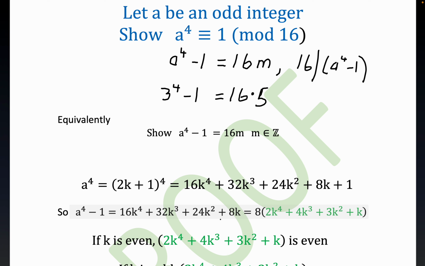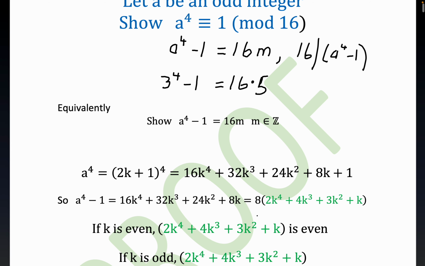And it turns out factoring out 8 is a good idea because we are trying to show it's a multiple of 16, right? We're trying to show that a to the fourth minus 1 is a multiple of 16. And so factoring out 8 makes sense because if we can show that this part is even, we'll be done, right? If this part is even, you're going to have 8 times 2 times something, which would be 16 times something, right?